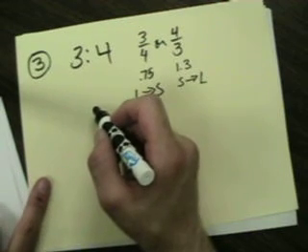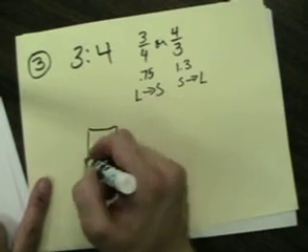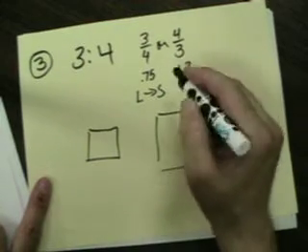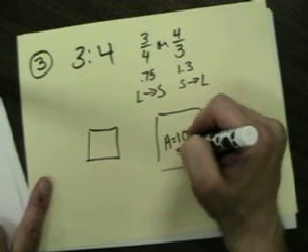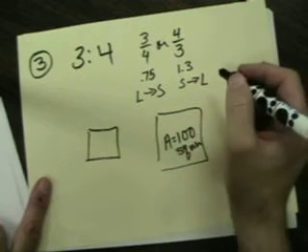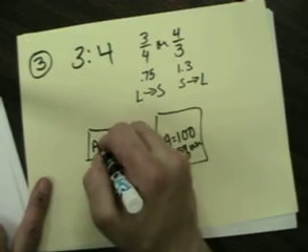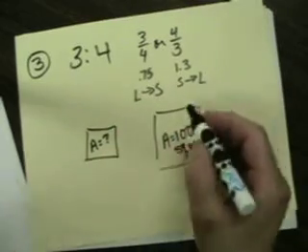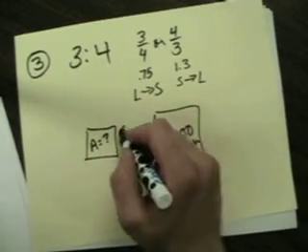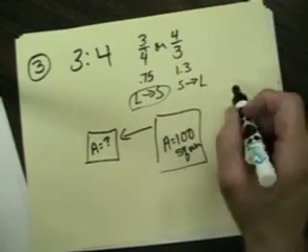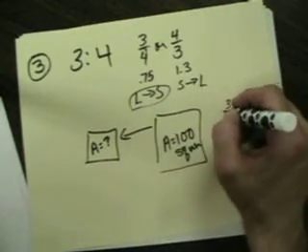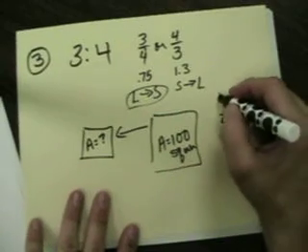Let's see what we're doing. I'm going to draw 2 of them here because drawings help me. If the area of the larger is 100 square units, what is the area of the smaller? I'm going from large to small, so I can use 3/4 as the linear scale factor.